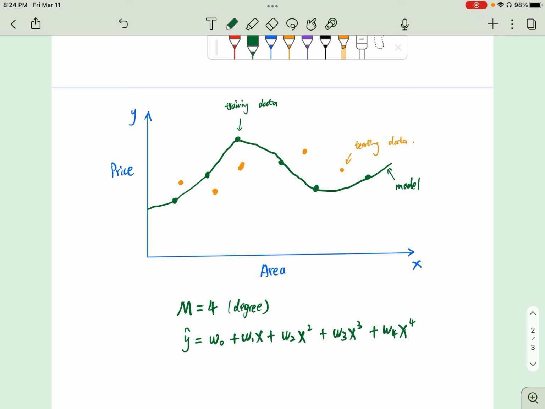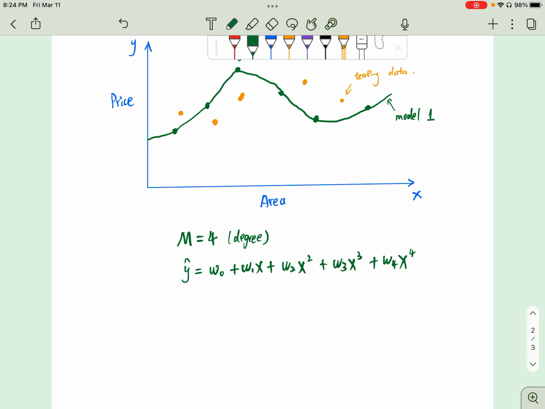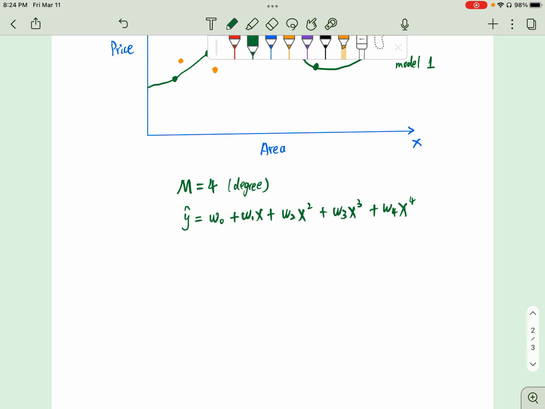I call it model 1. You can obviously see that model 1 is an overfitting model because it fits the training data so well such that it cannot predict our testing data.